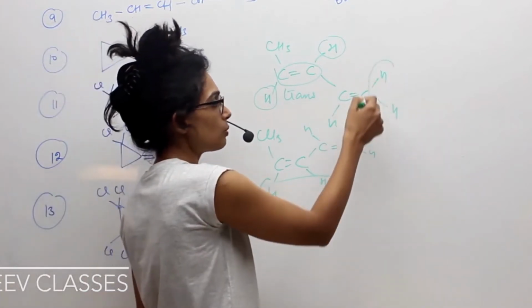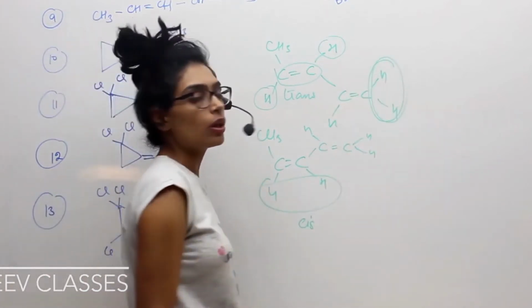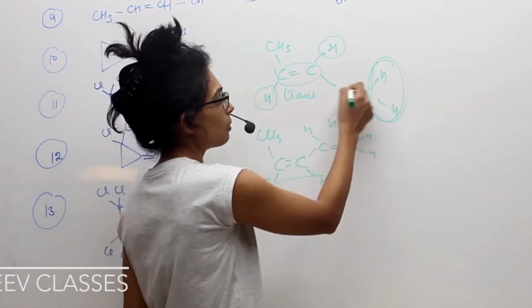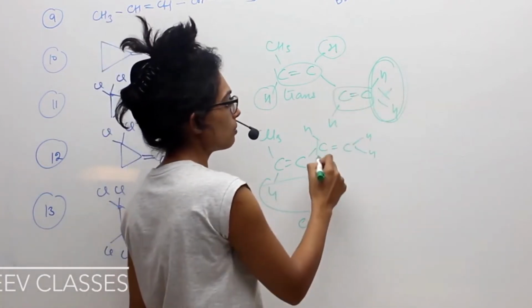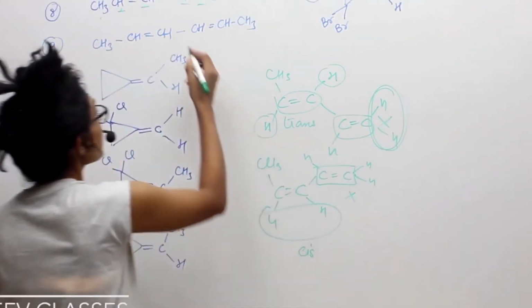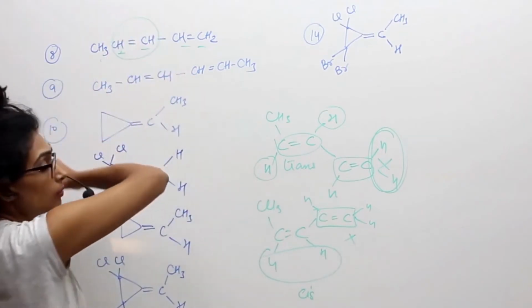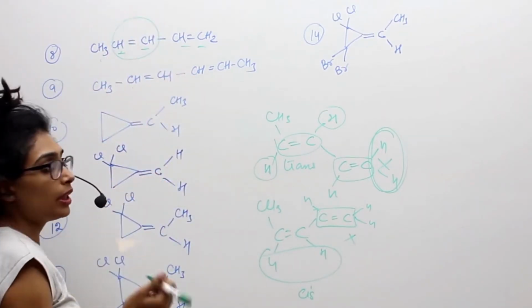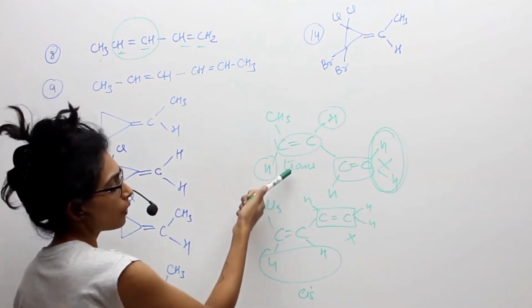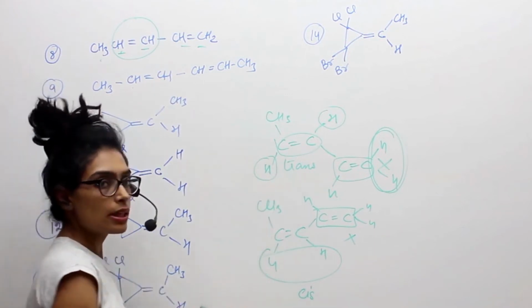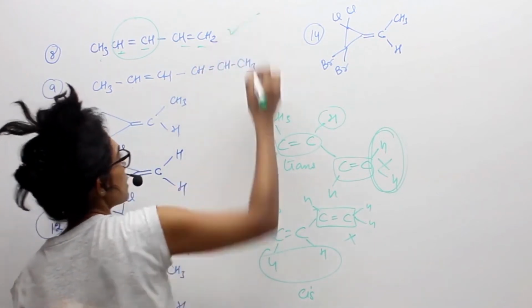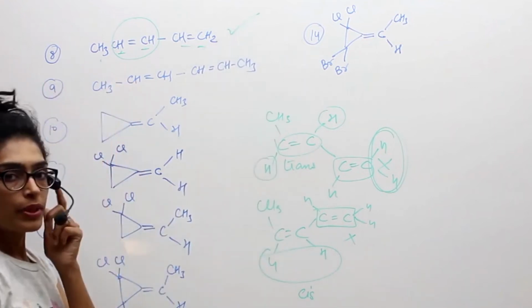It cannot show geometrical isomerism because the groups present on the same carbon are the same. So that carbon double bond carbon will not show geometrical isomerism, and hence there is only one stereocenter, that is this one. Okay, so how many isomers can be formed? Only two. One is trans, another is cis. So can it show geometrical isomerism? Yes, it can show, and it has only one stereocenter.